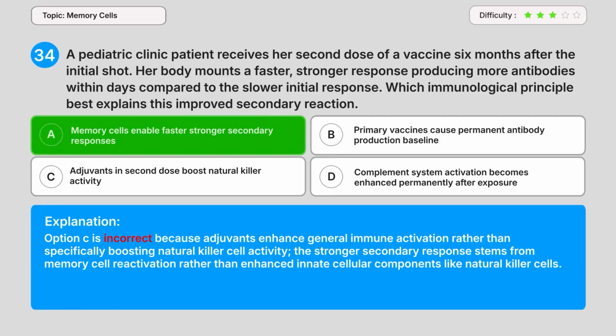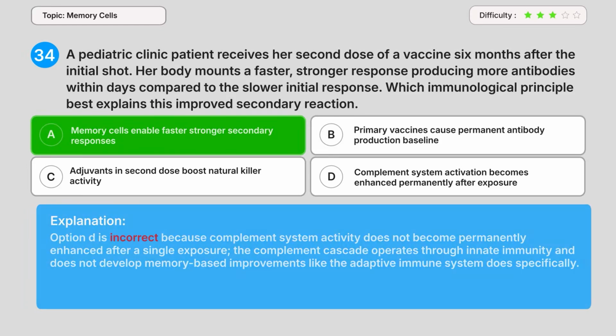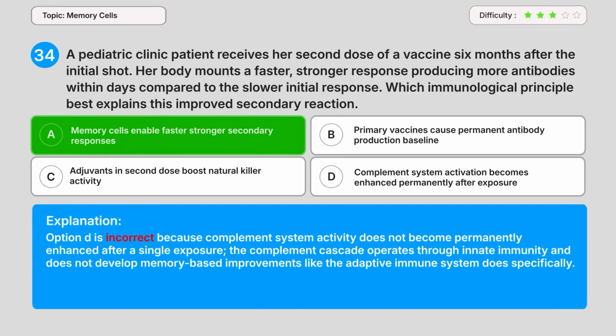The stronger secondary response stems from memory cell reactivation rather than enhanced innate cellular components like natural killer cells. Option D is incorrect, because complement system activity does not become permanently enhanced after a single exposure. The complement cascade operates through innate immunity and does not develop memory-based improvements, like the adaptive immune system does specifically.